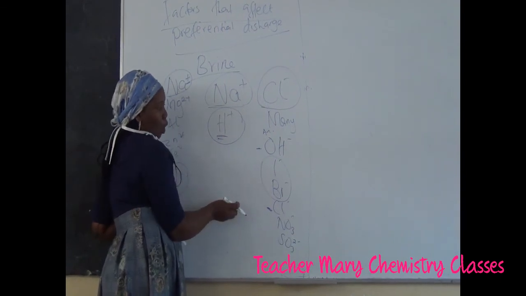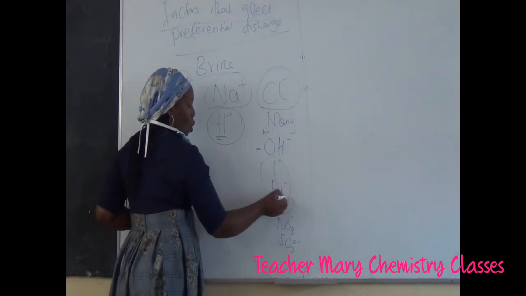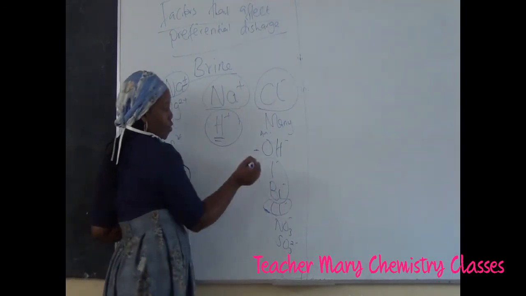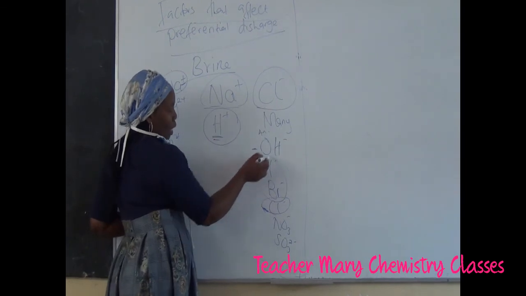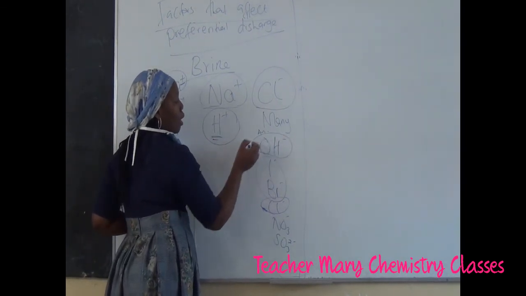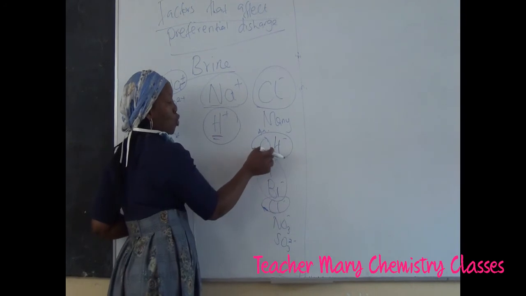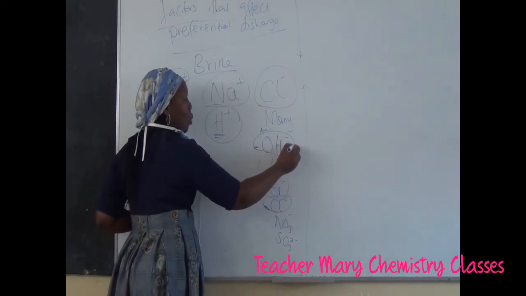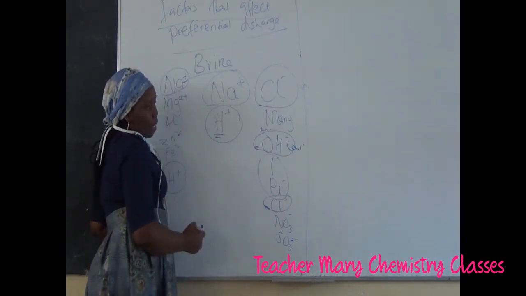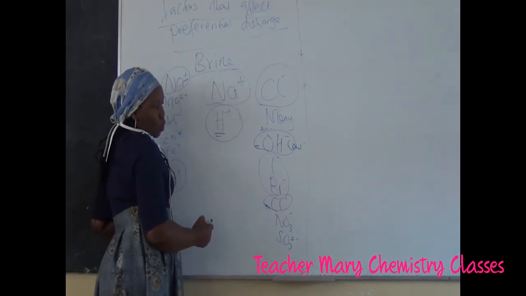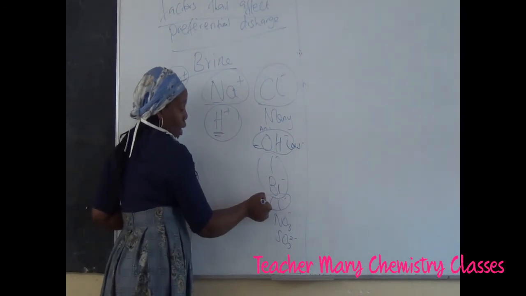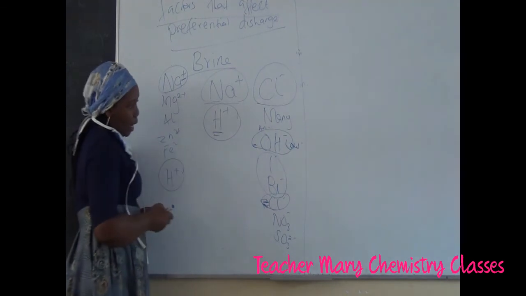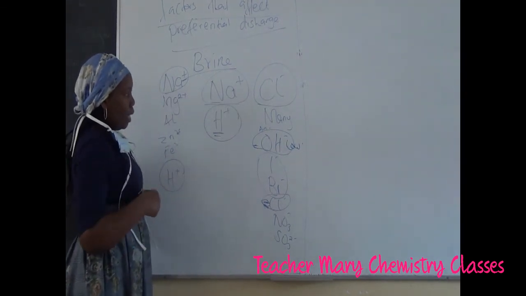The gap is so small. So the concentration of the chloride ions in that solution will overtake the preferential discharge. The hydroxide ions will not be discharged because their number in that solution is very low, but the chloride concentration is very high, and chloride will be preferentially discharged at the anode.